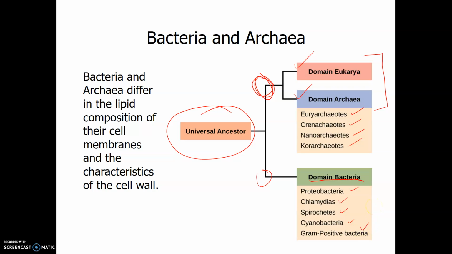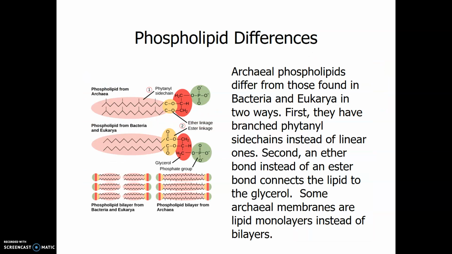So we're going to talk about the classifications of these prokaryotes. A lot of the differences have to do with the composition of their plasma membranes and the composition of their cell walls. All right, so differences in the phospholipid layer of the plasma membranes between archaea, bacteria, and eukarya.